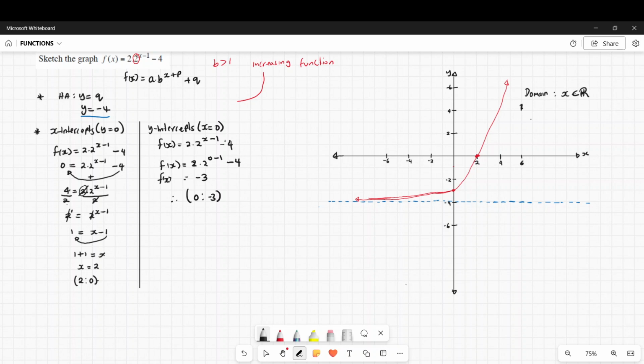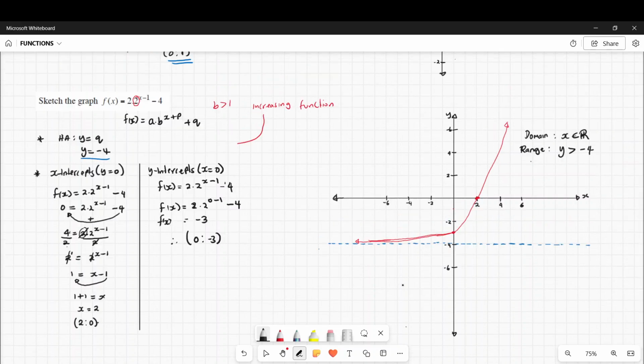For the range, you can see the graph only exists when y is greater than -4. If the graph is less than -4, the graph does not exist. So you're going to say y should be greater than, you can't say equal to because the graph does not touch there, -4. And that will be our range.